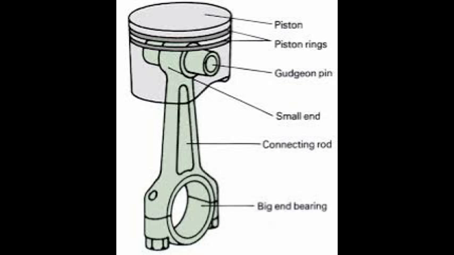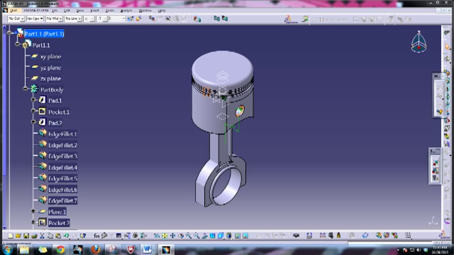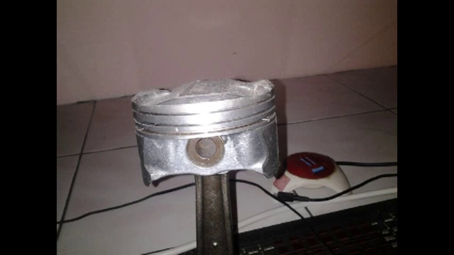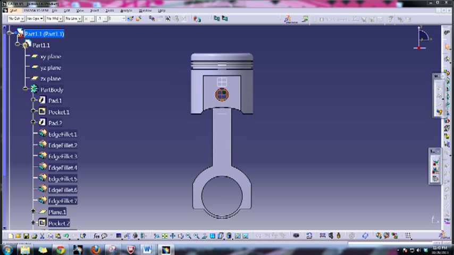Now, for further explanation about a piston, we will show you the drawing of the piston. This drawing we did using CATIA V5. There are three parts in a piston.